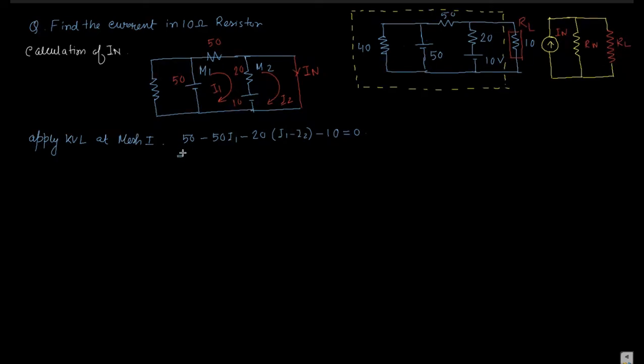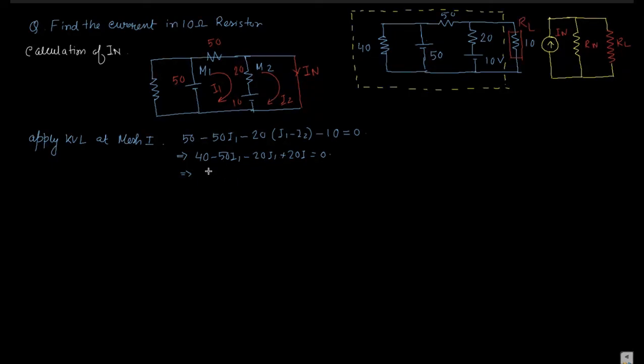So it is 50 minus 10, that is the 40. The 40 minus 50 I1 minus 20 I1 plus 20 I2 equal to 0. Then make this 40 over there. So minus 50 and minus 20 is minus 70 I1.